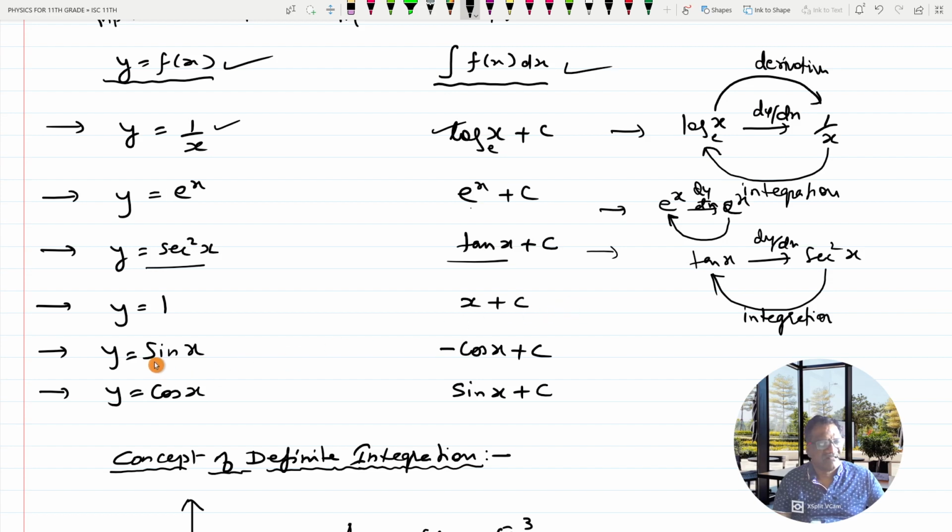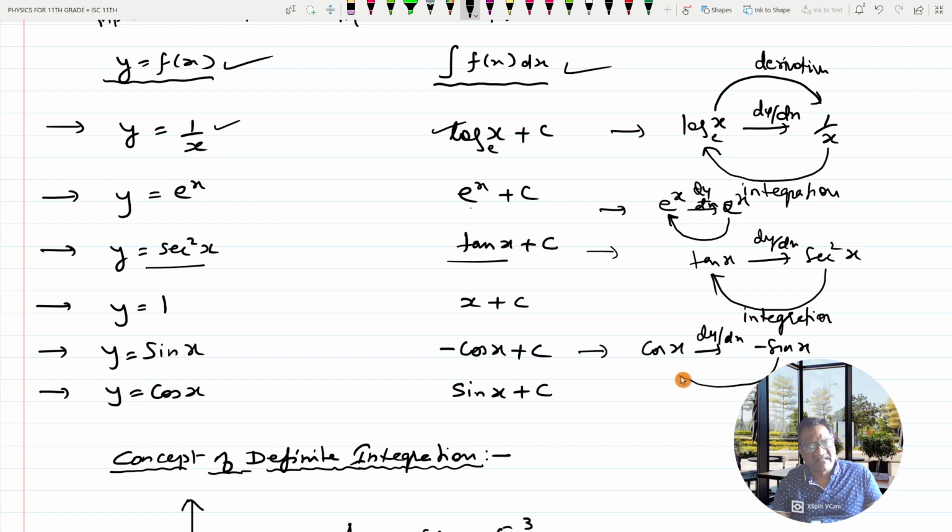Got it? Same way, the derivative of cos x is minus sin x. And the derivative of sin x is cos x. So the integration of cos x will be sin x. Okay. So the integration of sin x is minus cos x. This is so because we know that dy by dx of cos x is minus sin x, isn't it?